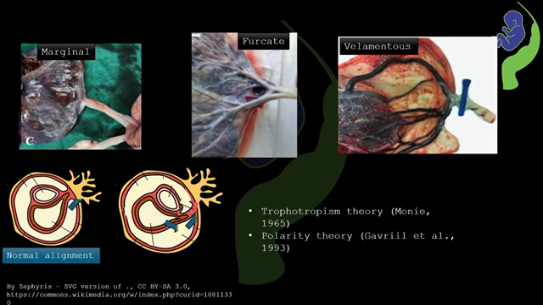So as this redistribution happens, the cord insertion, which was originally marginal, can progress to furcate or filamentous cord insertion. Together, these two theories, polarity and trophotropism, explain both the origin and progression of abnormal cord insertions.